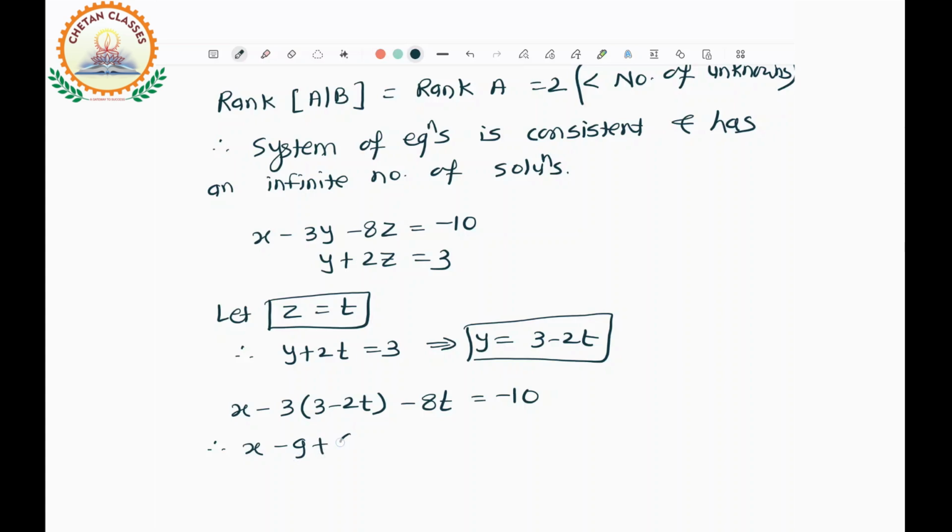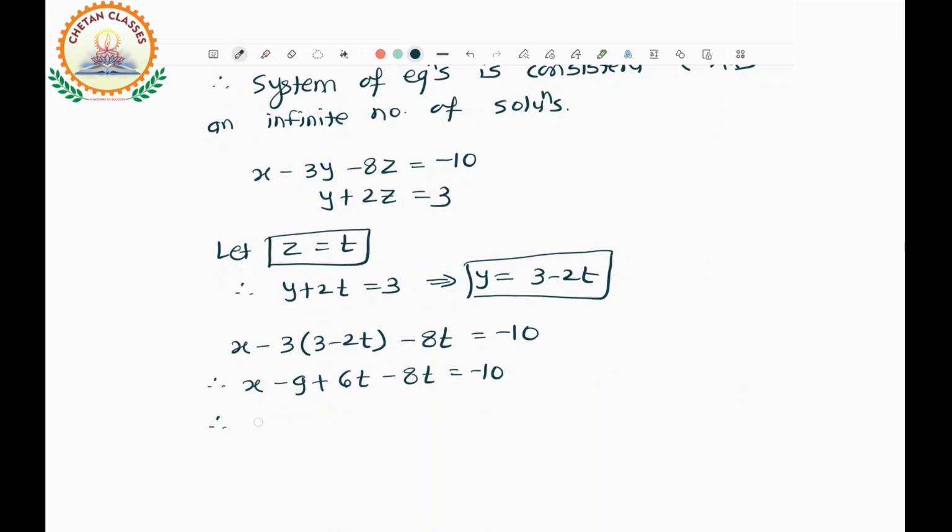So x - 9 + 6t - 8t = -10. Therefore x - 2t = -1, so x = -1 + 2t. So these x, y, z values depend on the free variable t. Therefore this system of equations has an infinite number of solutions.